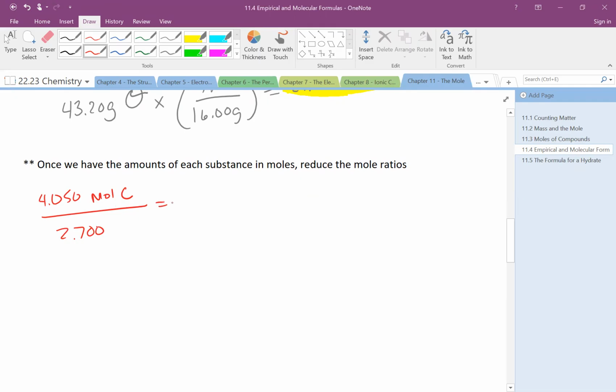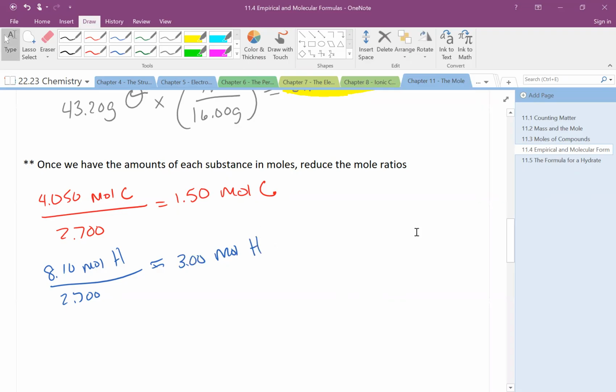But if we do this math out, and I encourage you to do this yourself, you're going to get 1.50 mole of carbon. I'll do the same thing for my hydrogen. I'm going to take my 8.10 mole of H, divide it by the 2.700, and I'm going to get 3.00 mole of H.